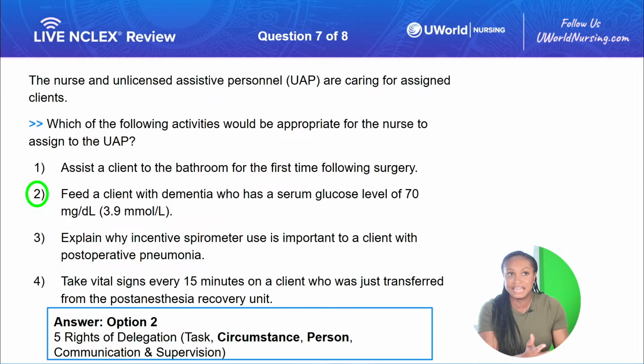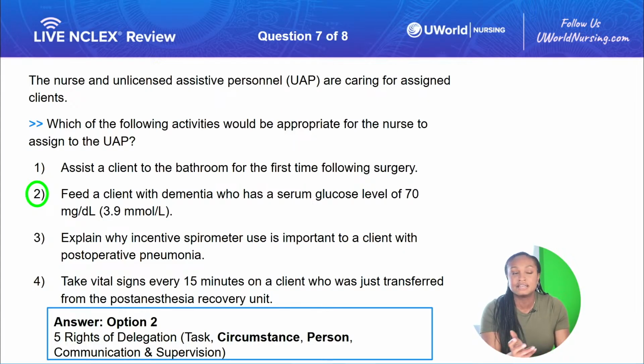This is an activity of daily living, which is something we would do every single day: bathing, getting dressed, brushing our teeth, our hygiene, and as well as eating. So feeding the client is something a UAP can do.